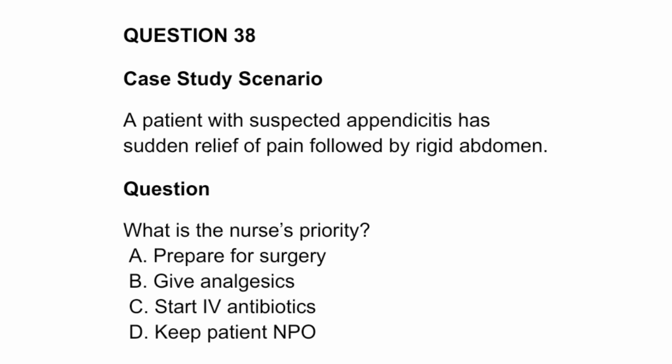Question 38. Case study scenario. A patient with suspected appendicitis has sudden relief of pain followed by rigid abdomen. Question: what is the nurse's priority? A. Prepare for surgery. B. Give analgesics.